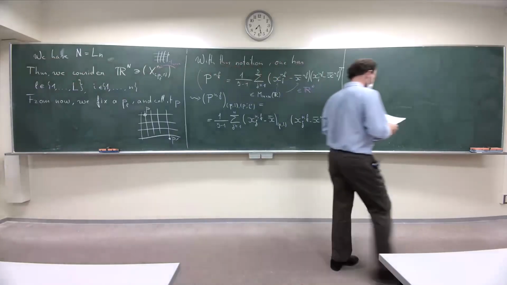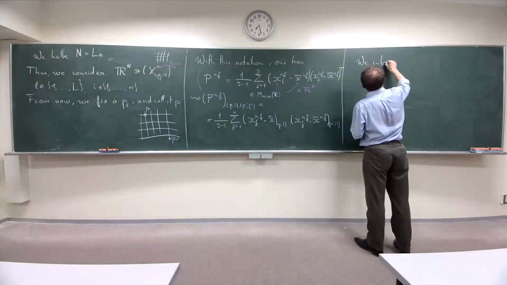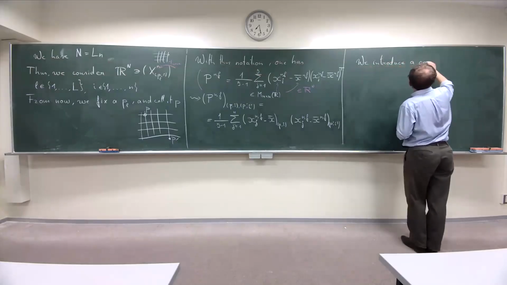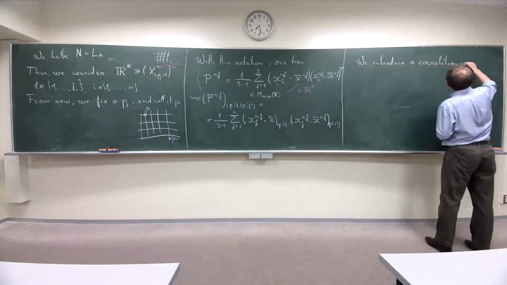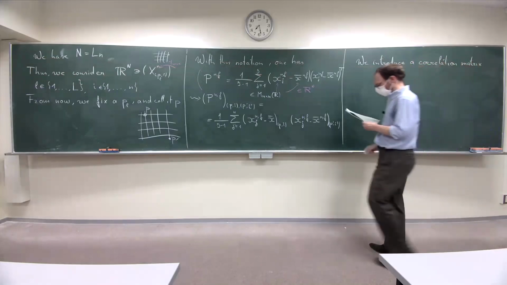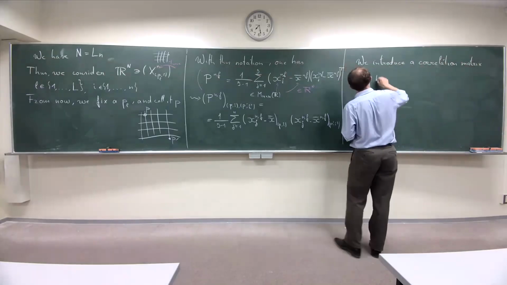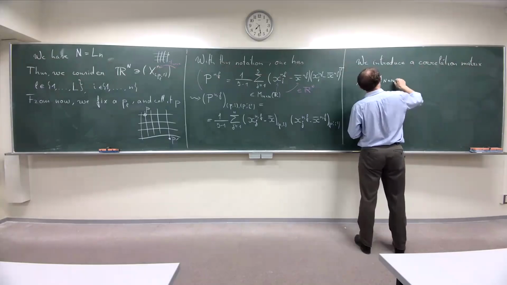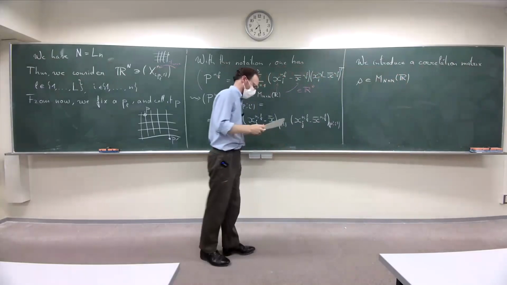So I'm going to introduce the correlation matrix. I'm going to call it rho. It's an n by n matrix. It's not just a coefficient, but now it's a matrix.